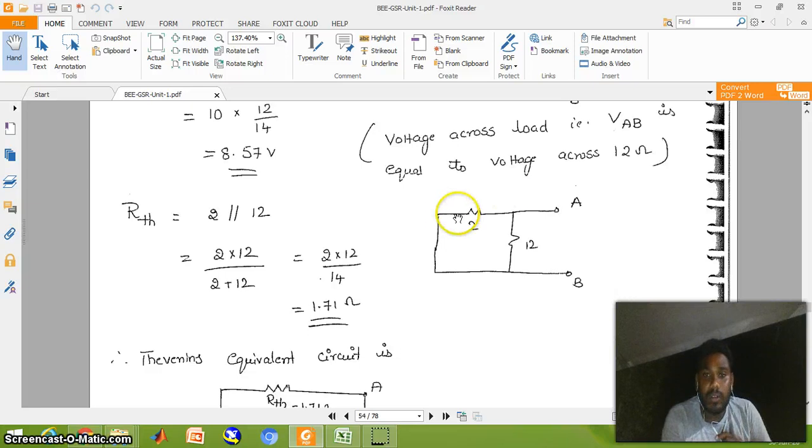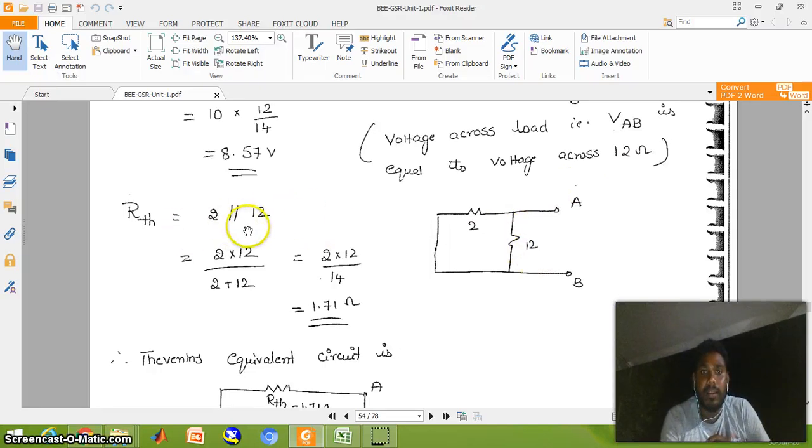So in this circuit, the 10 volt voltage source is taken as a short circuit, and the 24 ohm resistor is removed and considered as an open circuit. Calculate the equivalent resistance across terminals A and B, which is equal to R Thevenin. Here the 2 ohm resistor and the 12 ohm resistor are both connected in parallel.